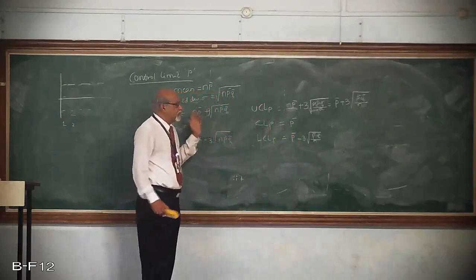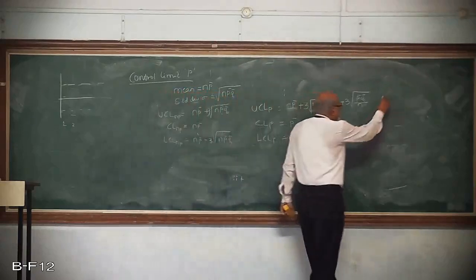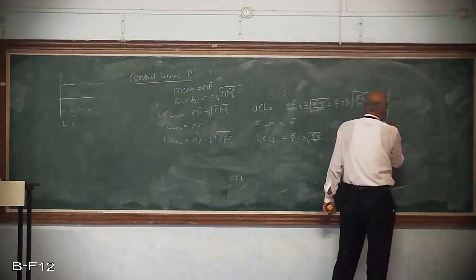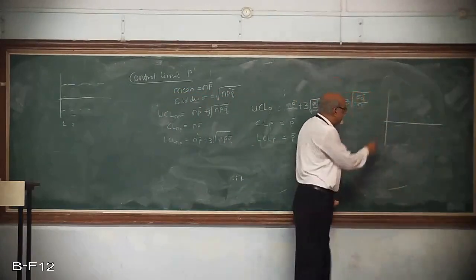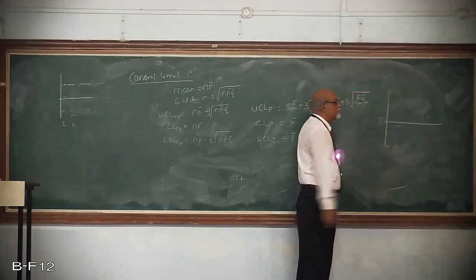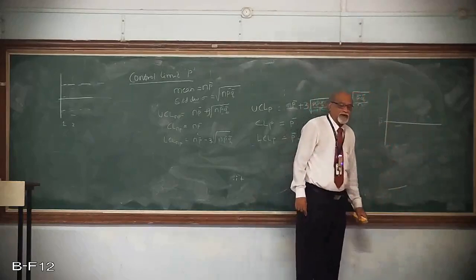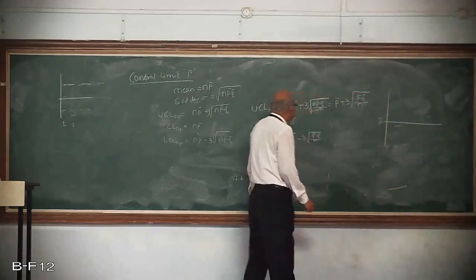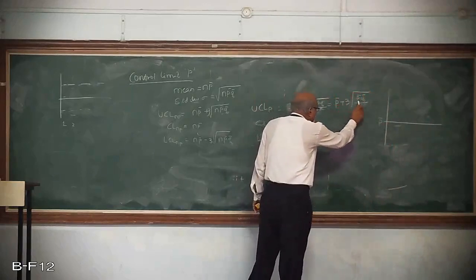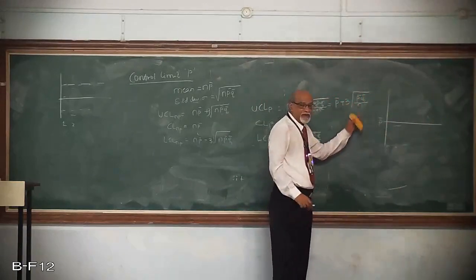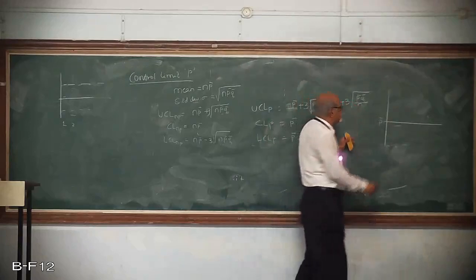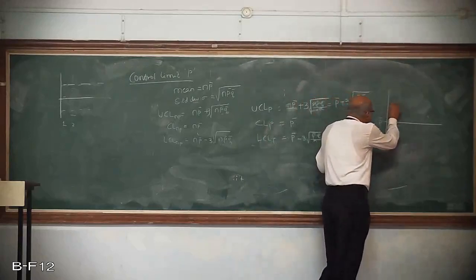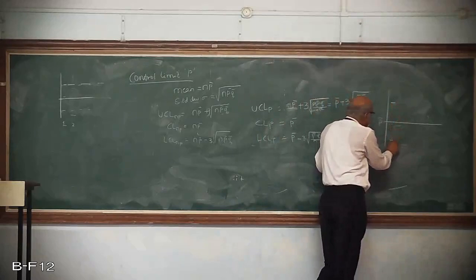So for the P chart, if I want to plot, the central line is fixed. It is at P bar. But the upper control limit and the lower control limit are functions of n, not only of P bar. So for each sample, we will have to find out different control limits, but the central line remains fixed.